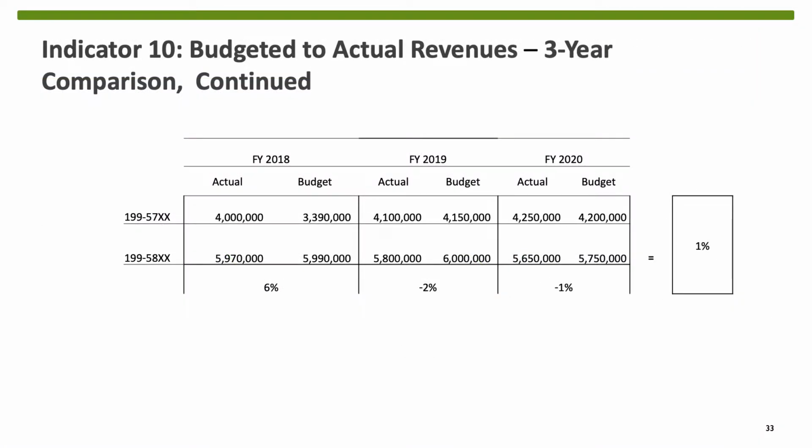So this is kind of a quick little diagram of what it'll look like. These are the actual funds we're taking it from, the actual budgeted. These numbers are actually from a school district, a very small school district, and it came out to 1%. So that's basically how you would look at it. 3 years back, from fiscal year 20.